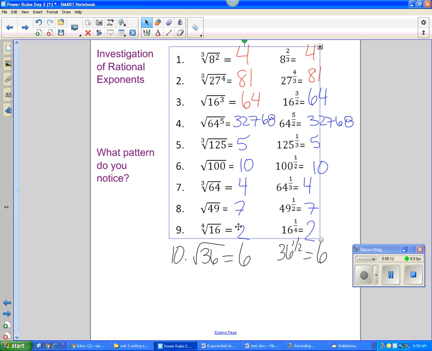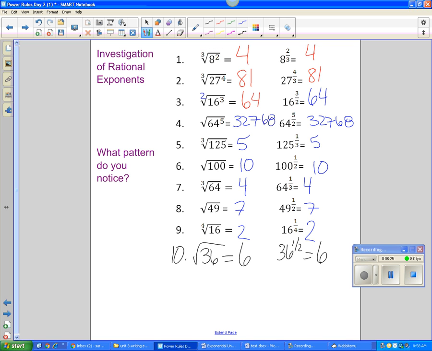Okay? Now here, does anybody remember the name of this symbol? Square root. So there's an invisible what out here? 2. Very good. There's an invisible 2. So that's where the 2 came from. The 2 in the denominator, and then the 3 in the numerator. Okay? What about right here, number 5?